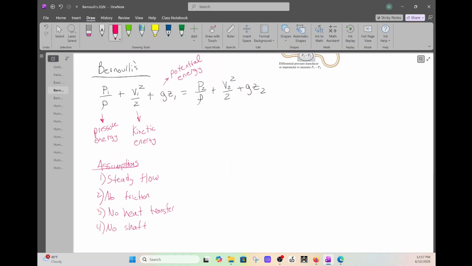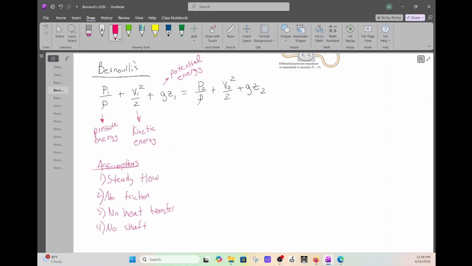We're not inputting power in anything, okay? So it's an assumption, it's an ideal case, and it's used pretty frequently to figure out something in terms of velocity or your pressure changes, to give you an idea of the ballpark. Okay, again, steady flow, no friction, no heat transfer, no shaft or no input power.